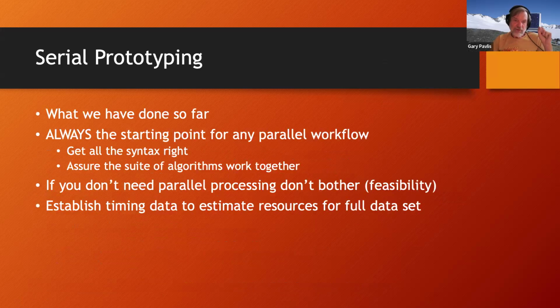Now, when you actually do this, it's always a good idea to start with a serial workflow. I don't know how you do it otherwise. It helps you understand what the flow is, and it's easy to convert. Here's a couple of general pieces of advice.